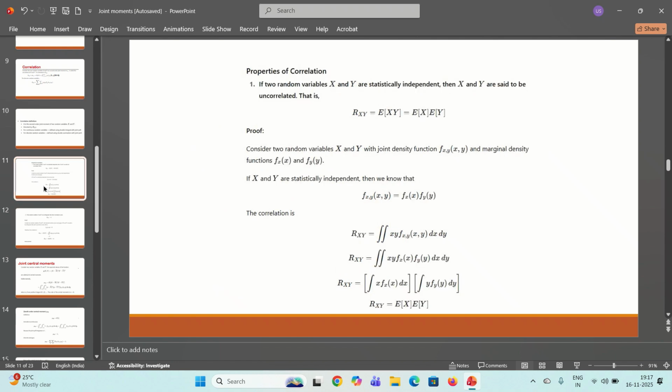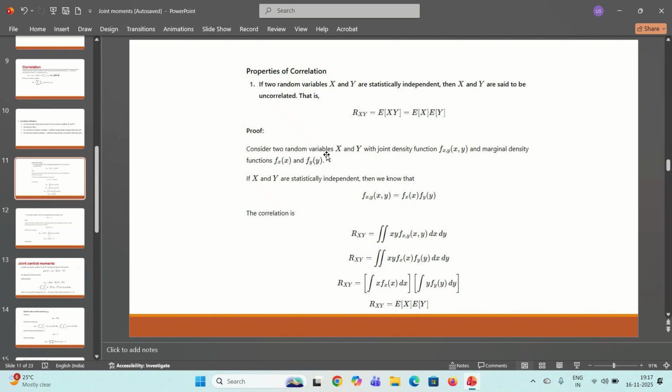Properties of correlation. If two random variables x and y are statistically independent, then x and y are said to be uncorrelated. That is, Rxy equals expectation of xy, which equals expectation of x times expectation of y. Proof.